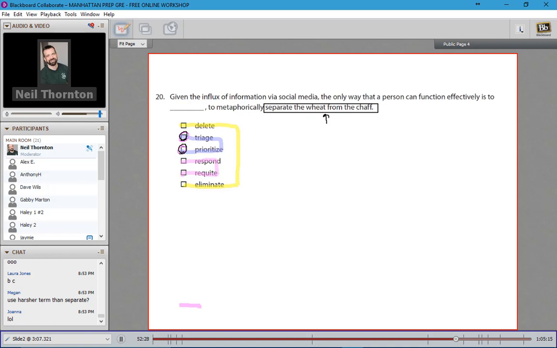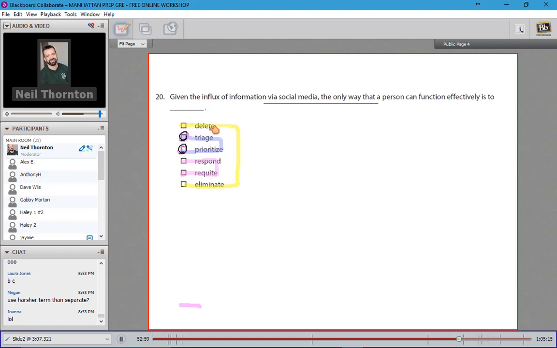What's really hard here, by the way, is that often by the time you get here, you've already made up your mind as to what the word should be, and I want you to watch out for that habit. Given the influx of information in social media, the only way you can function effectively is, by the time I got here, to be honest, to throw your damn phone away, is what I was thinking.